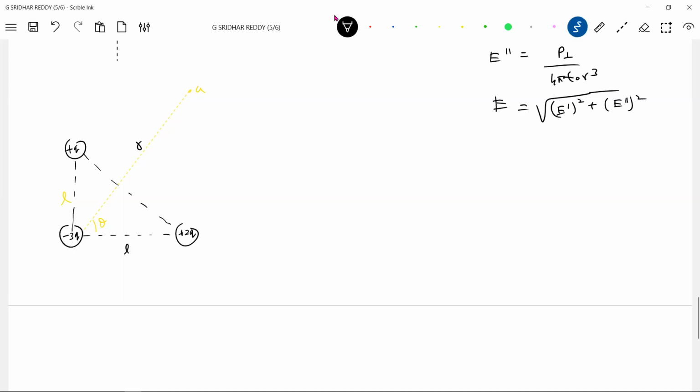Now I think the approach I've given will really help you a lot. R very much greater than L. So you have to find out the field strength at point A.